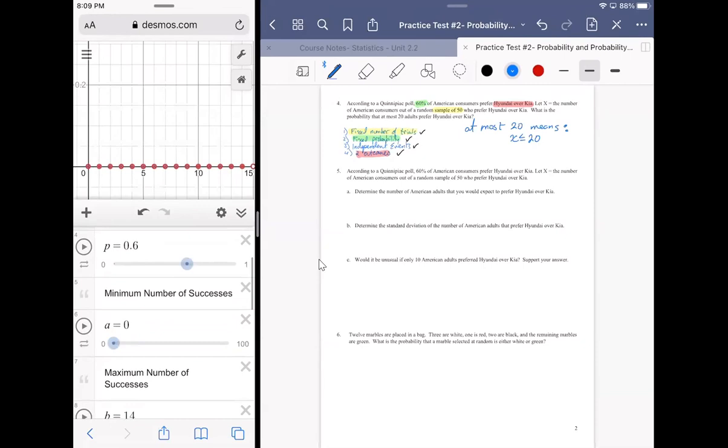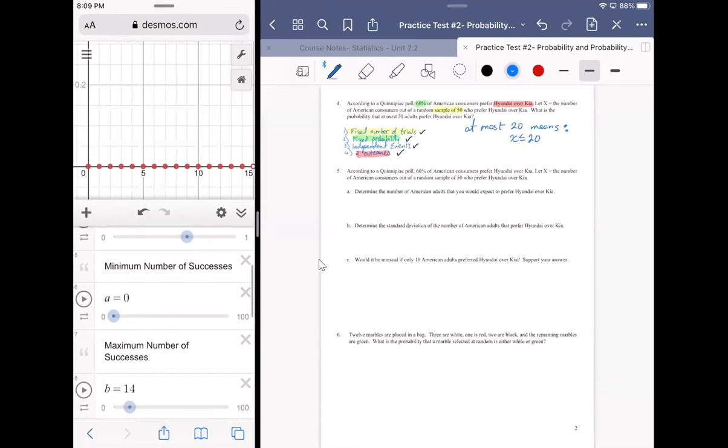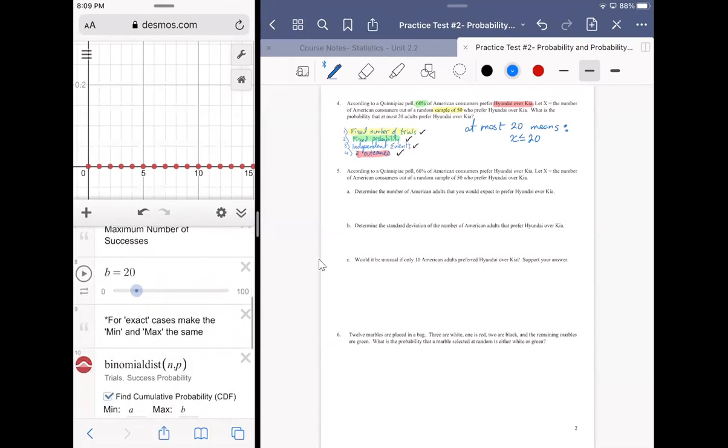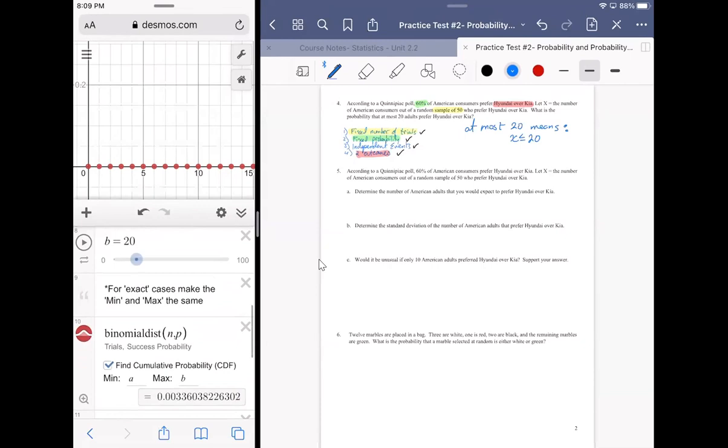So the minimum number of successes would be 0 because out of the 50 people, maybe nobody selected Hyundai, right? The most number of successes would be 20. And so all I need is the probability for that, which is automatically computed for me. So the probability that X is less than or equal to 20 is approximately 0.00336.